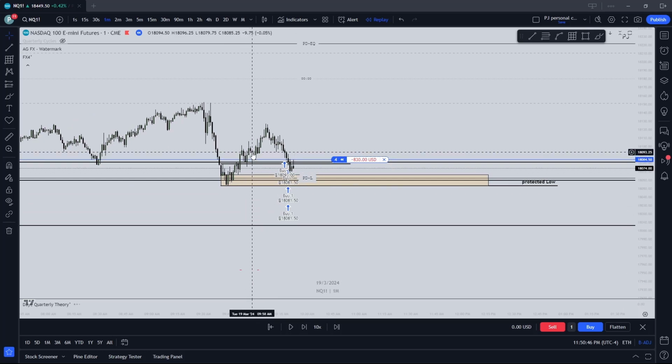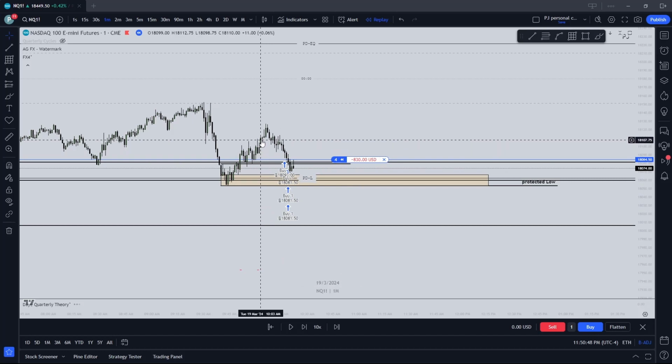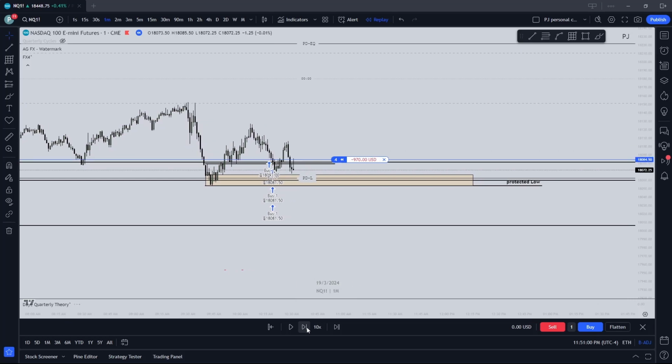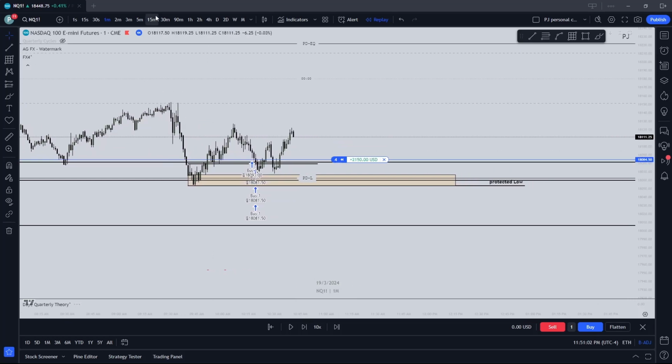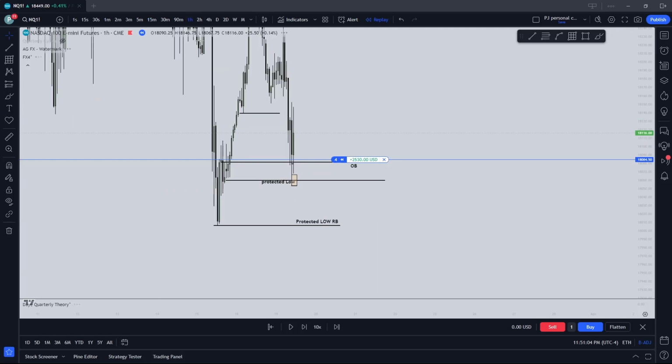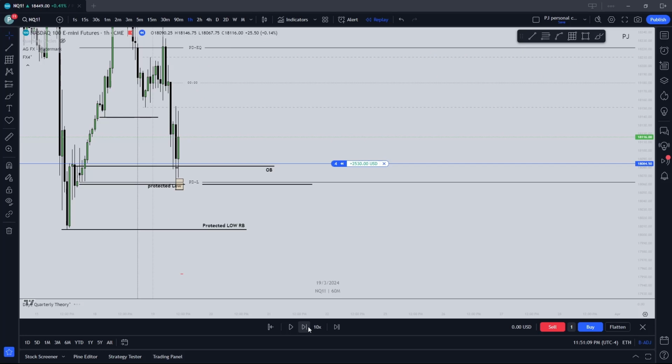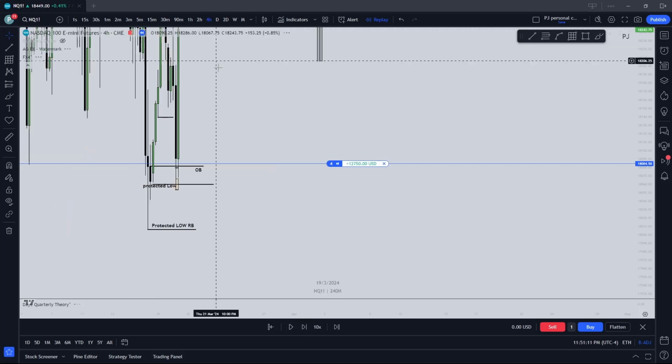So we opened higher, came up, smaller time frame accumulation, manipulation, distribution, into the higher time frame 4-hour open, low, and then continuing higher, right?